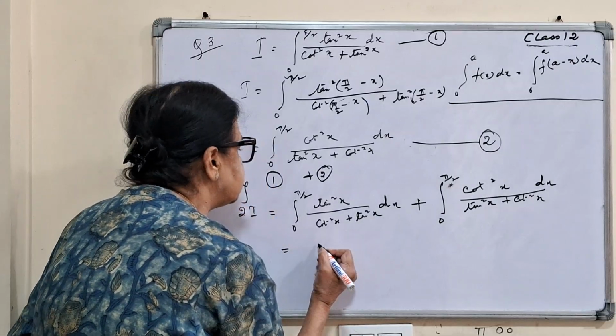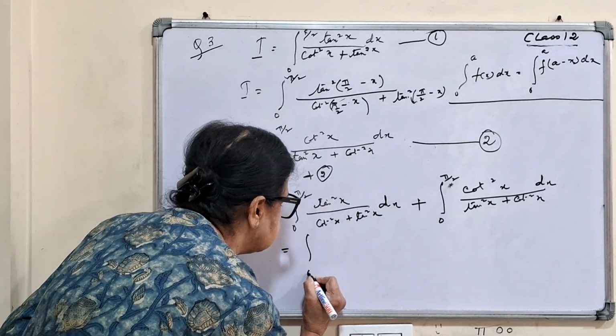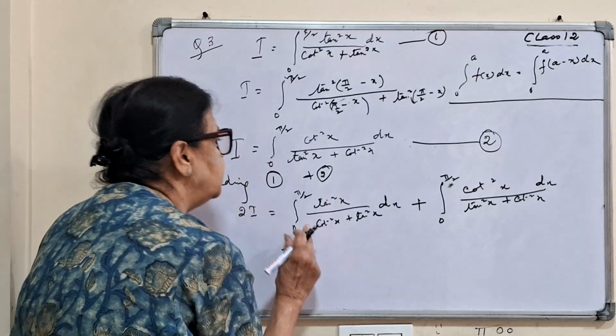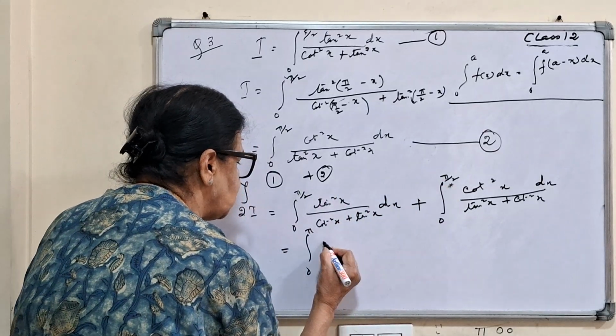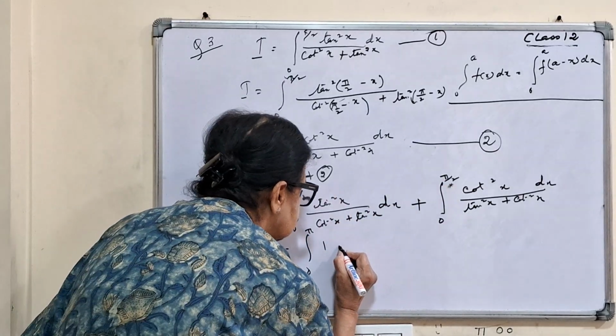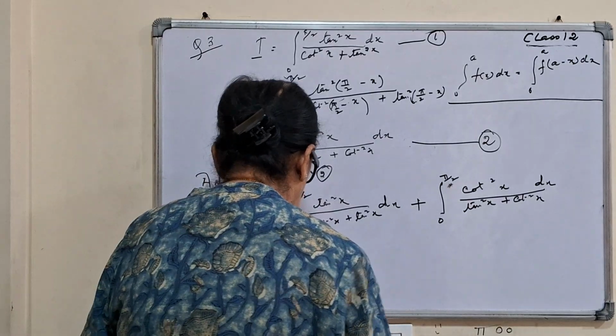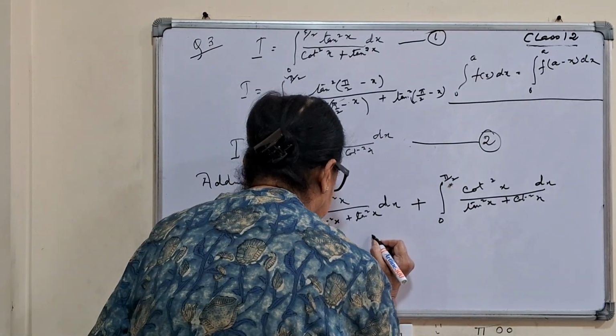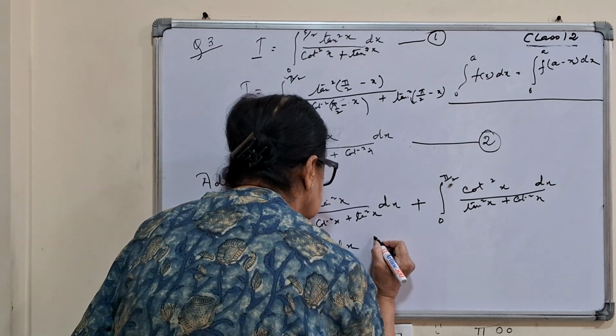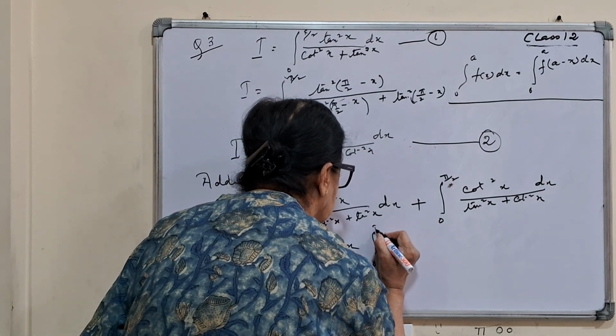This limit is the same for both, 0 to pi by 2, and when we add, we get the integral of 1 dx from 0 to pi by 2, which is x from 0 to pi by 2.